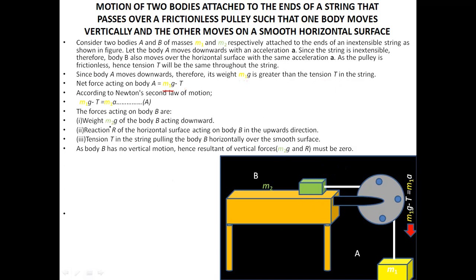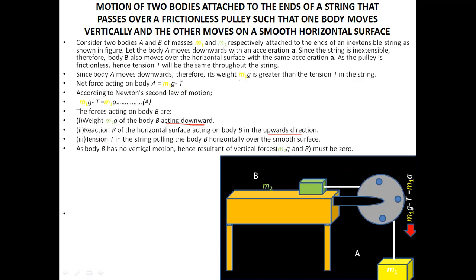The weight m2g of the body is acting downwards, which is cancelling out with the upward force, which is the reactionary force R of the horizontal surface acting on the body in the upward direction. So one is in the downward direction, the other is in the upward direction, and they cancel out. The third force is the tension in the string pulling the body B horizontally over a smooth surface.